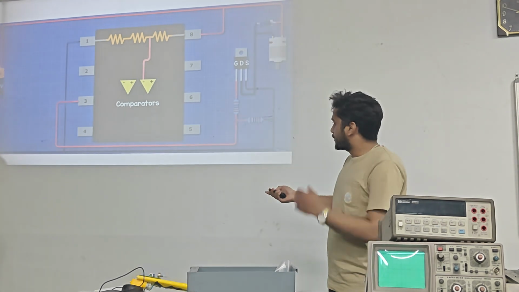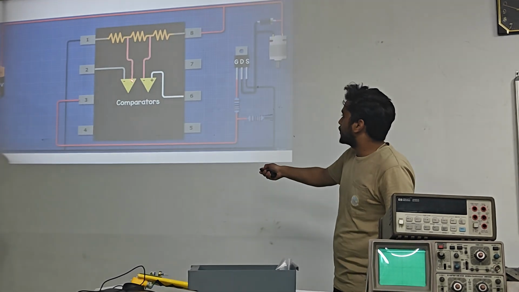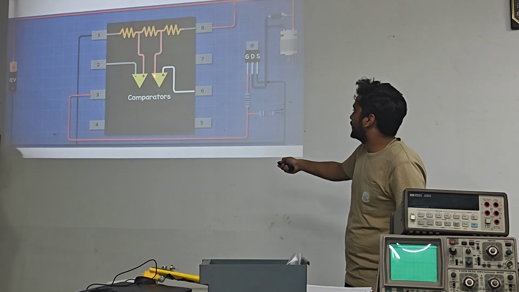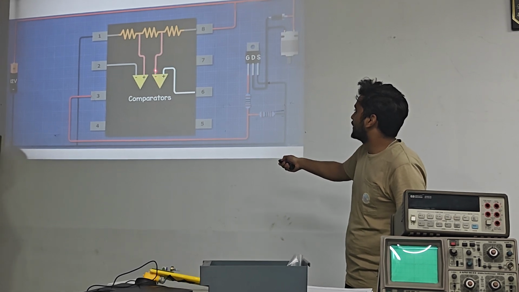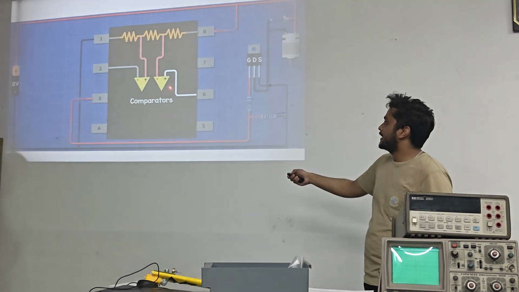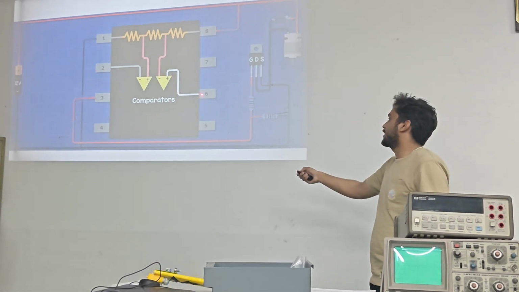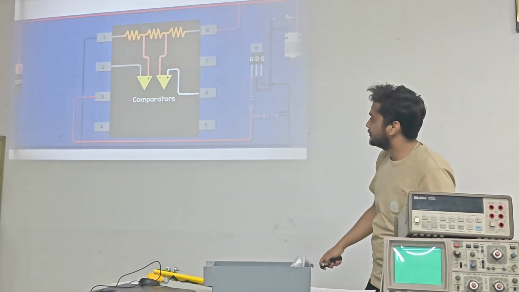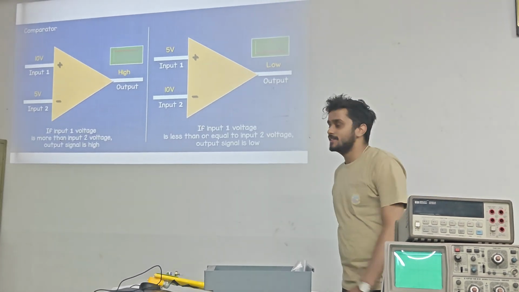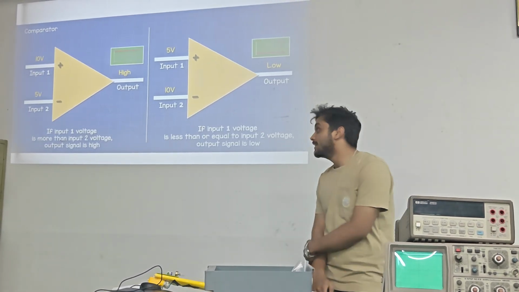The plus terminal of the first comparator is connected over here, and the minus terminal of the second is connected over here, and the minus terminal of the first comparator and the plus terminal of the second comparator are connected to pin number 2 and 6 respectively. This is the basic working of a comparator as we have already studied.